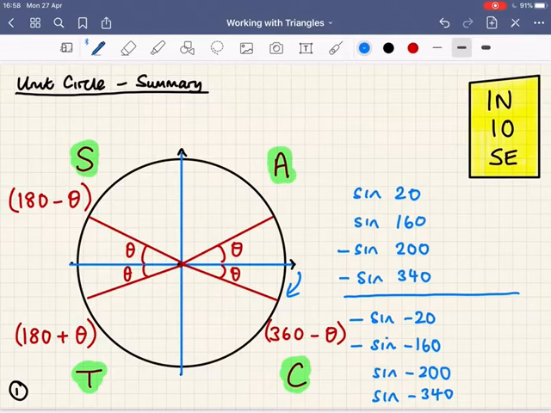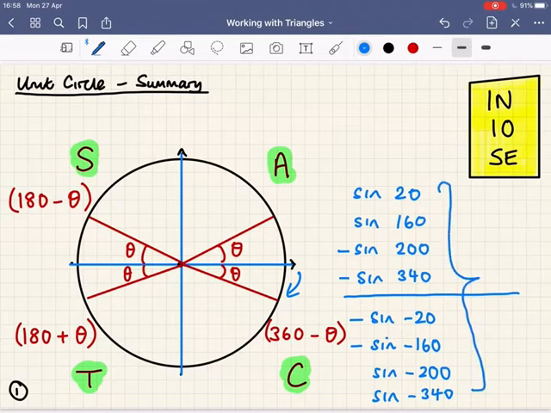Sine of minus 200 is in the second quadrant, and so it will have the same value as sine 20. It's positive in both cases. And similarly, sine of minus 340 is in the first quadrant, and so it also is positive. So that family of values there, all of them share the same value.